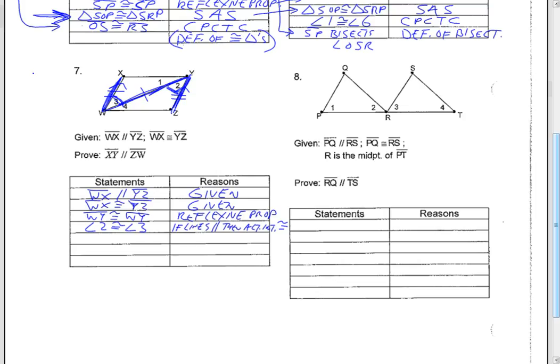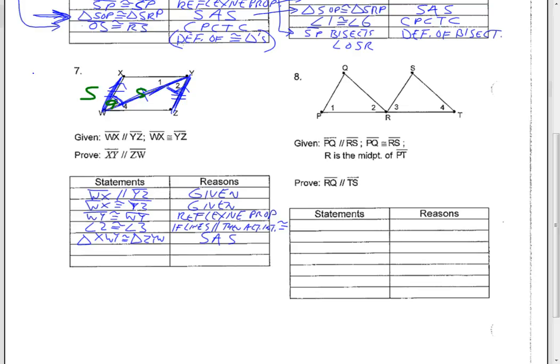I see slash marks here, I see an arc here, I see a slash mark there. What do I have within my triangle? What's going to allow me to say that triangle XWY is congruent to triangle ZYW? Side angle side. And that's because I got a side, I got an angle, and I got a side.